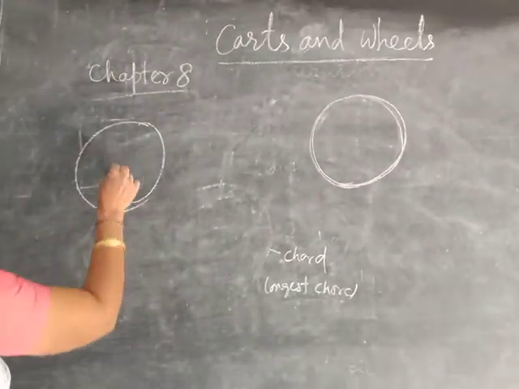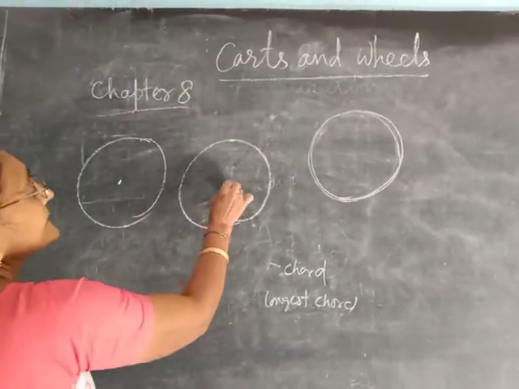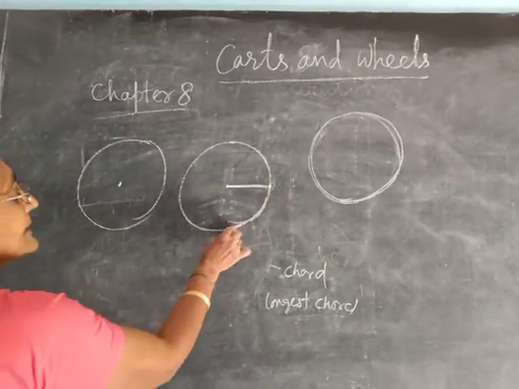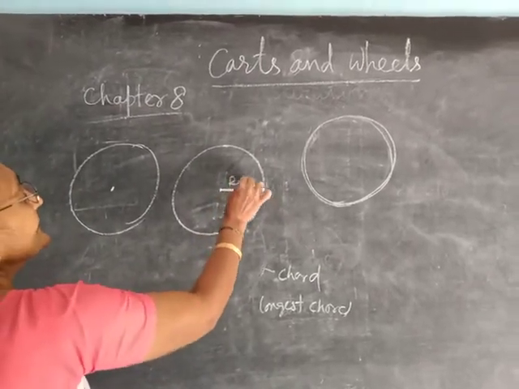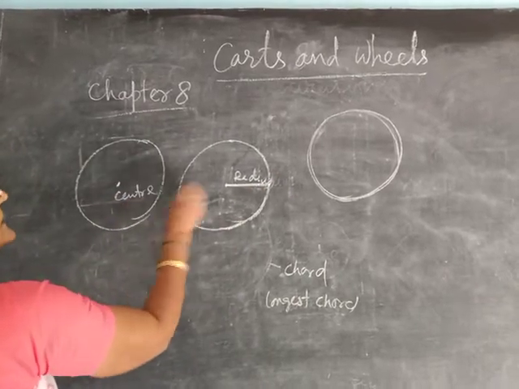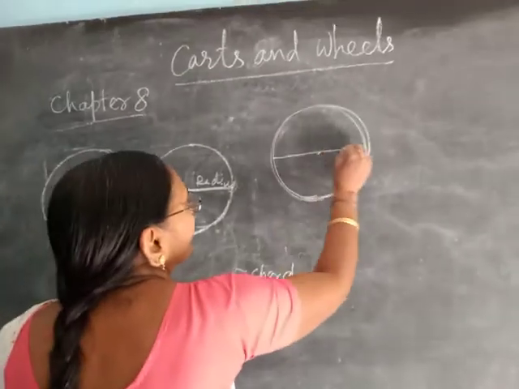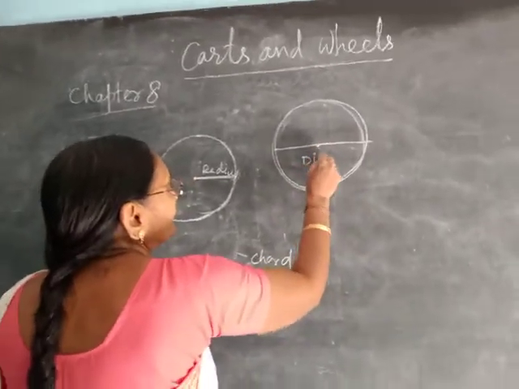From the center to any point on the circle, that is called the radius. It is the center and it is the radius. Then this is called the diameter.